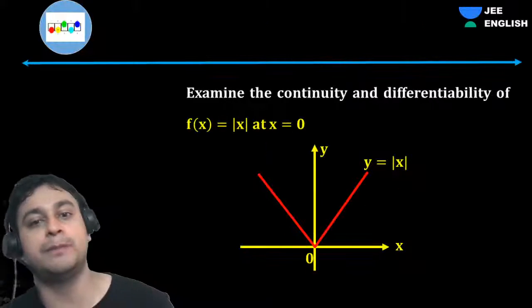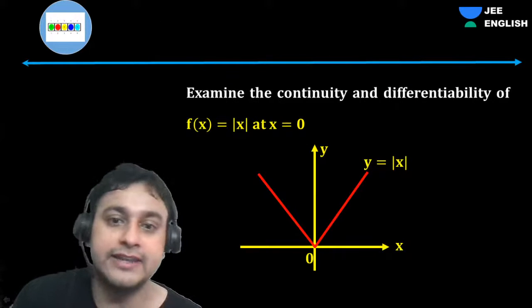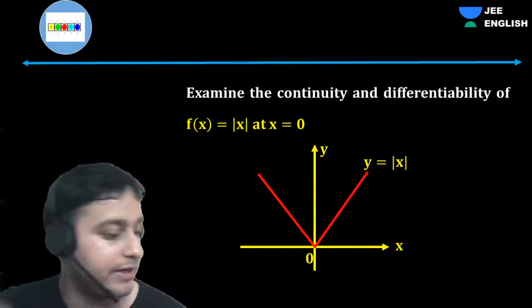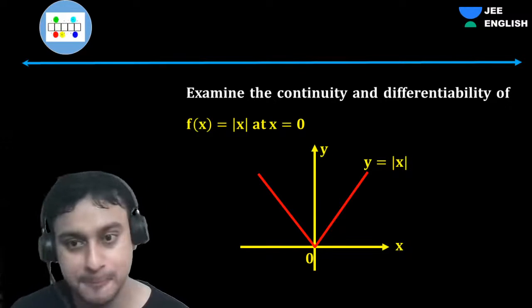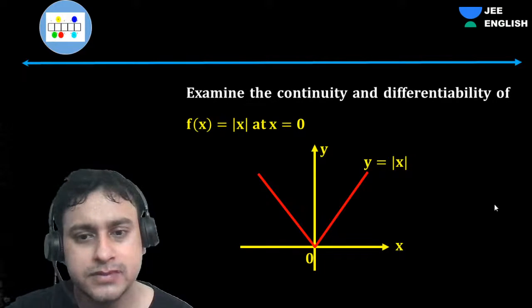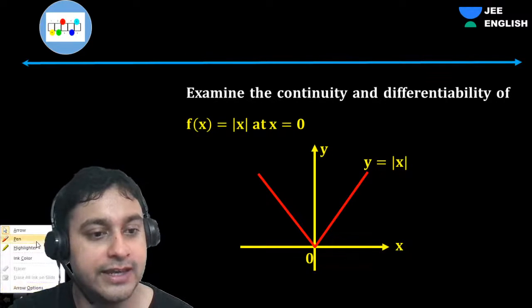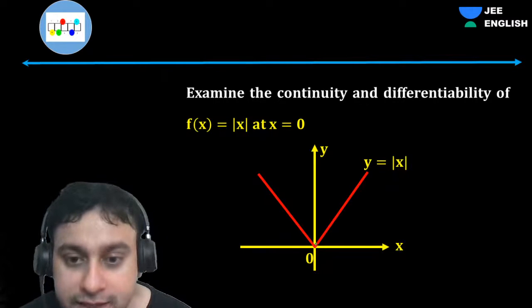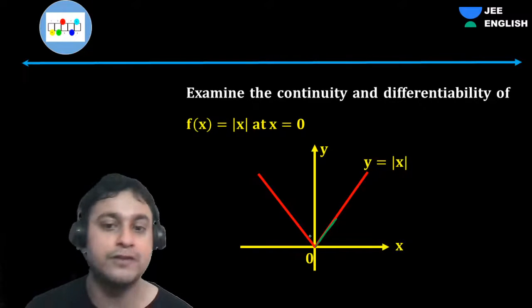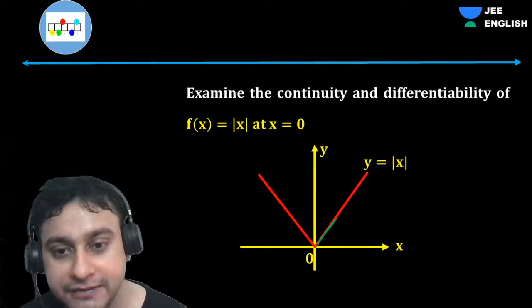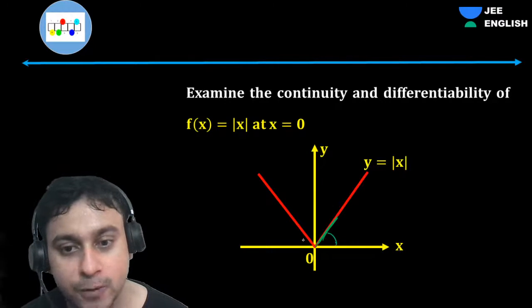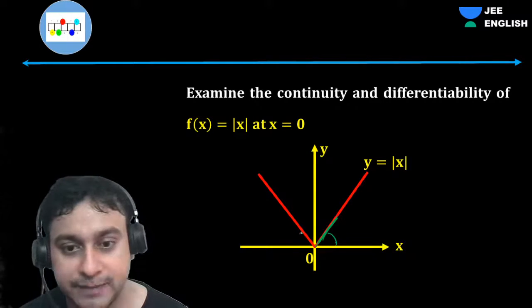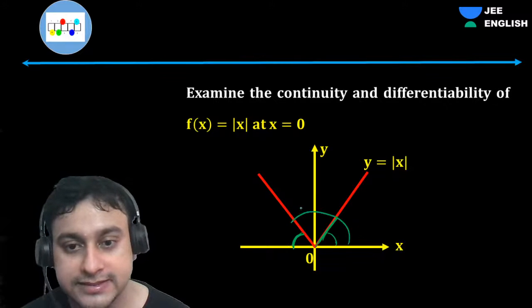Now let's look into the basic standard thing: the examination of continuity and differentiability of mod x at x equals 0. So this is the graph here. From mathematical terms we can obviously derive it, but graphically we can see this is the slope for the LHD part and this is the slope for the RHD part.